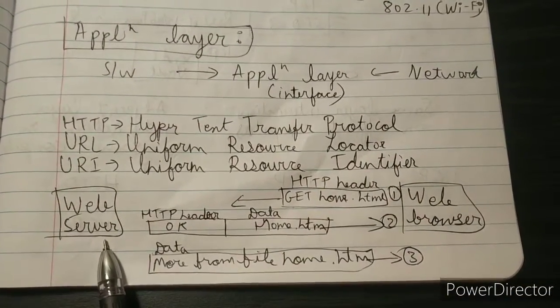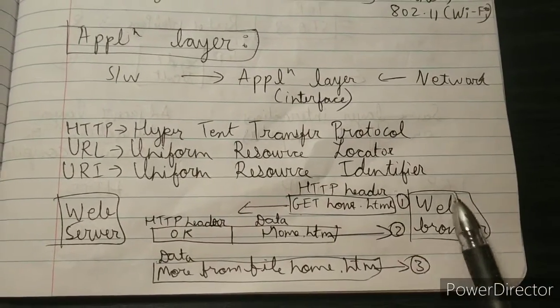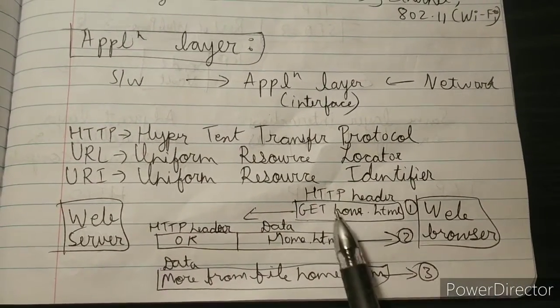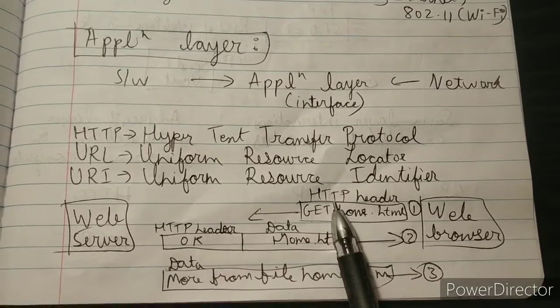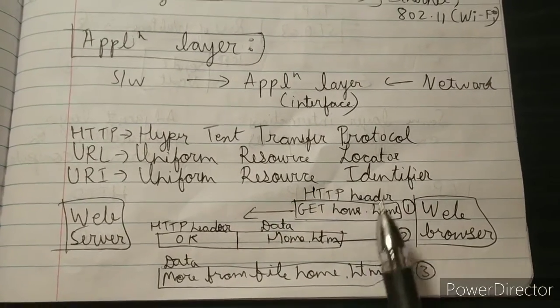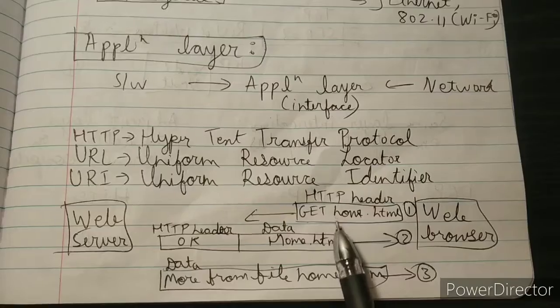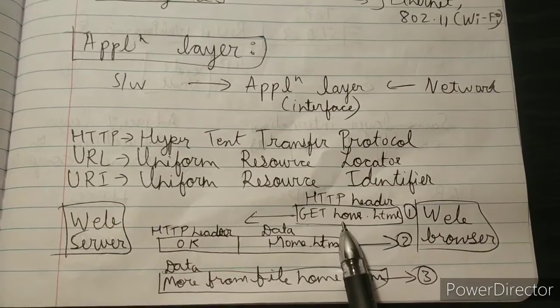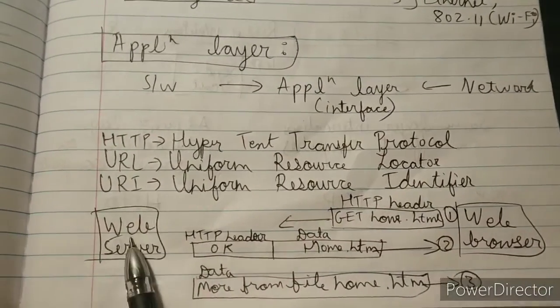We have a web server and we have a web browser. Web browser sends an HTTP request which has the HTTP header, and it uses GET. So it sends the home.html to the web server.